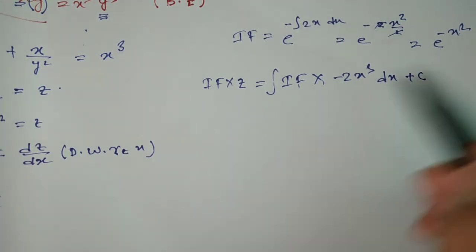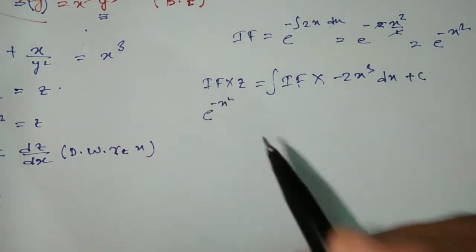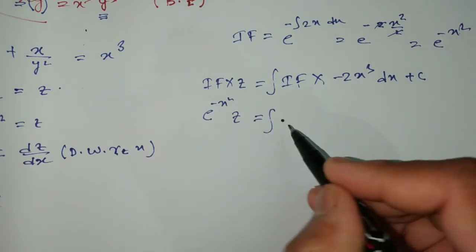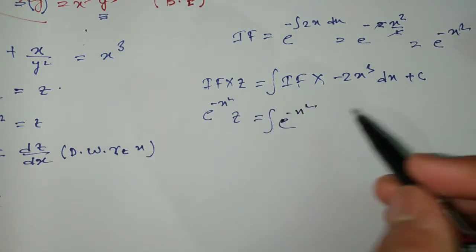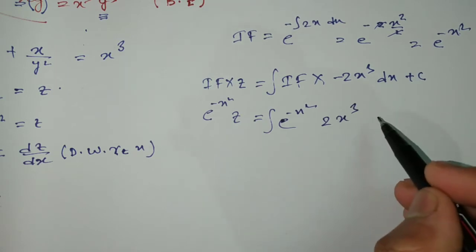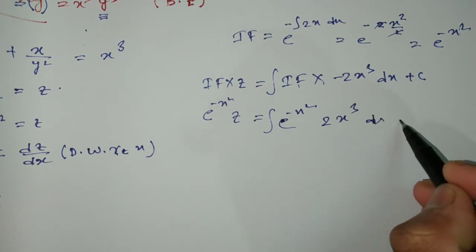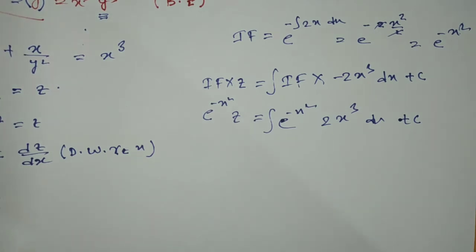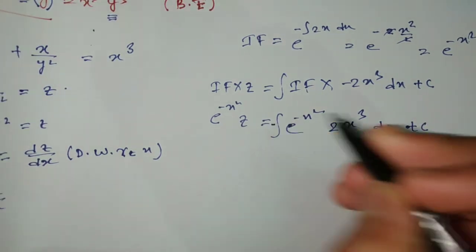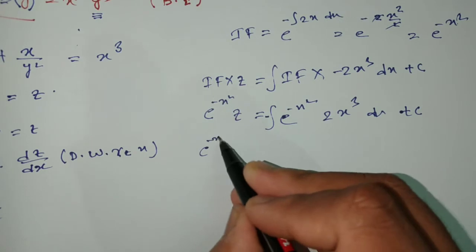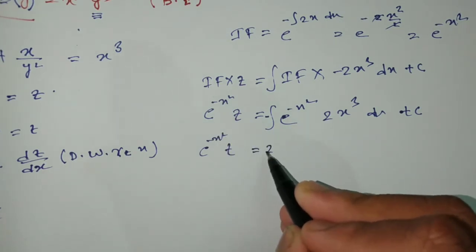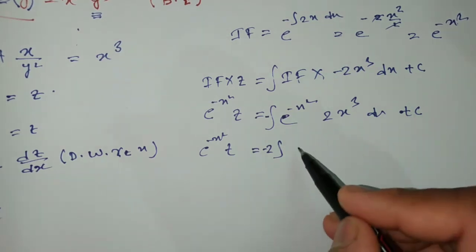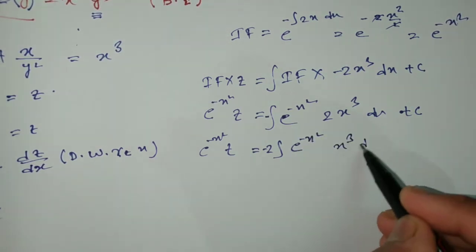So now it will be e to the power minus x square into z equals integration of e to the power minus x square into minus 2 x cube dx plus c. Because minus 2 is a constant, we may take the constant before the integration.